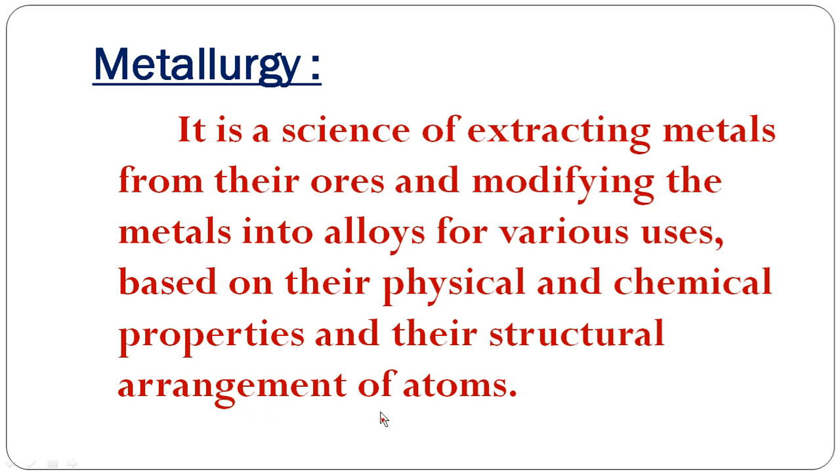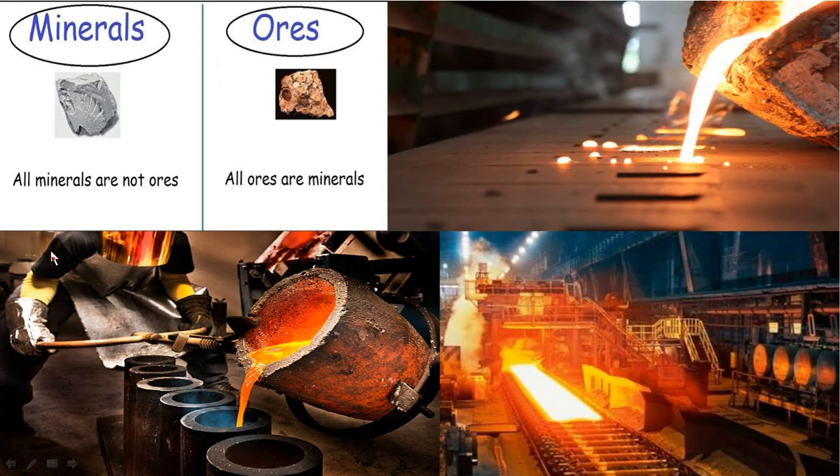So, metallurgy means extracting the metals from their ore. What are ores? For example, clay, bauxite. So, these are all minerals. And ore means you have to extract the metal from the minerals, and that is called an ore.